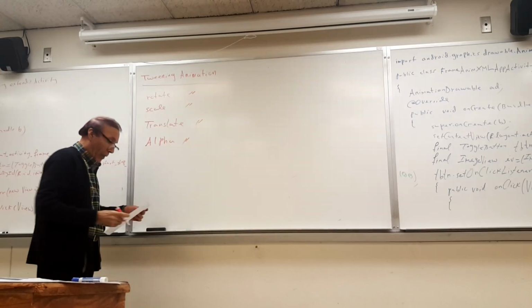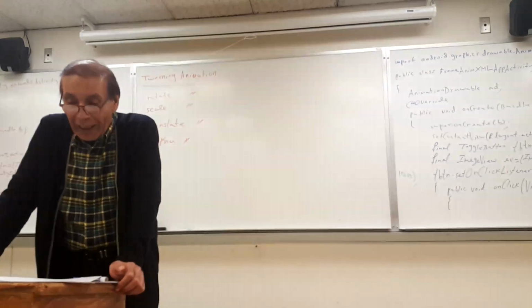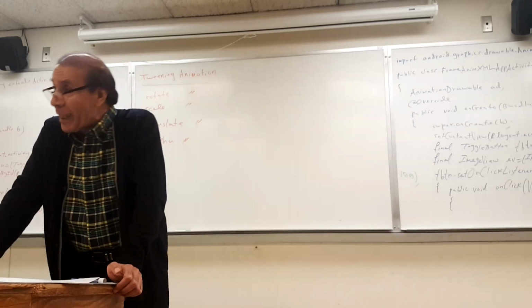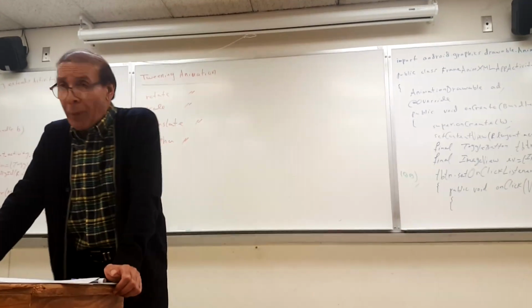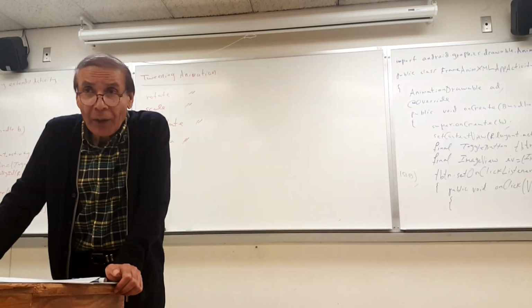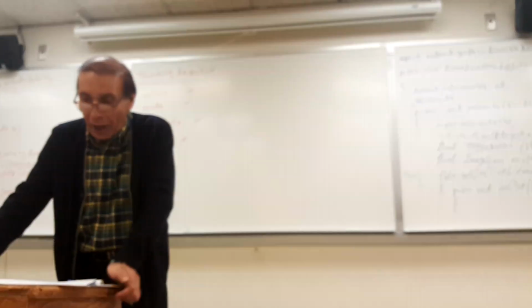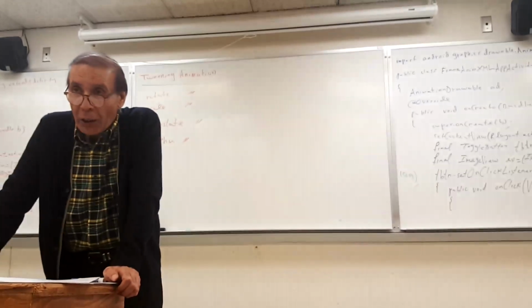Alpha animation. Alpha animation is used to change the opacity. Do you know what opacity means? Transparency. Okay. Let's use transparency. Maybe some of you are not familiar with that word. It is used to change the transparency of a view.